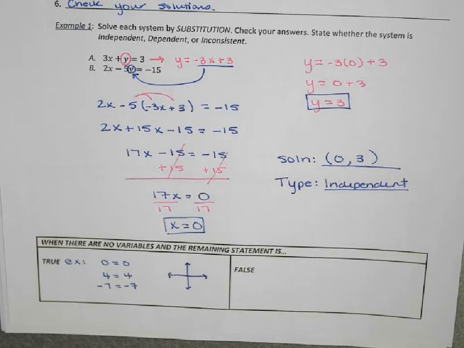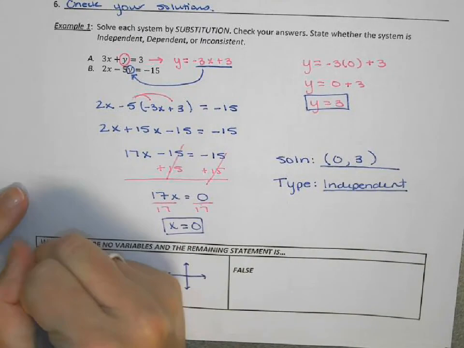But if we had like 4 is greater than 0 and you said yes, what would your number line look like? It was all shaded in. Remember that? Because you had all real numbers. In this case, we don't have all real numbers, but you do have infinitely many solutions. So what you're going to say is just infinitely many solutions.